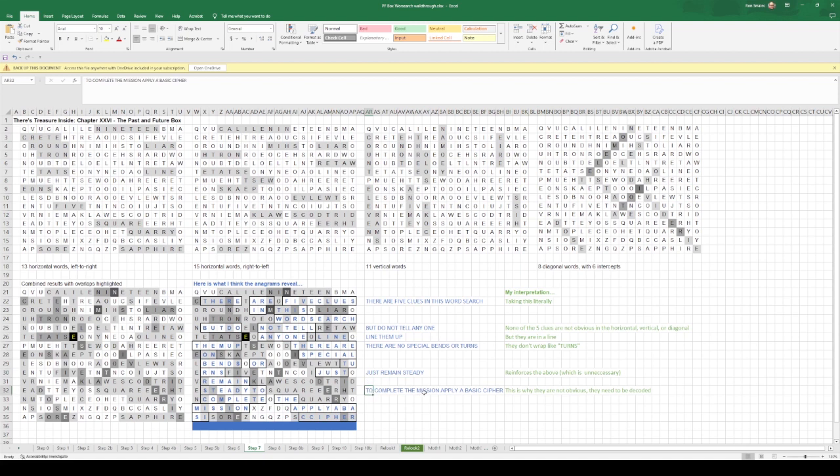To complete the mission, apply a basic cipher. Now this is where, in my mind, I had mentioned that below the word search, there is a cipher puzzle.